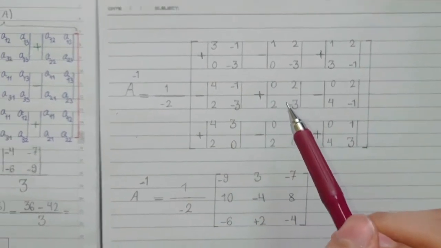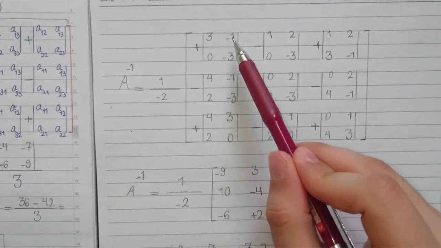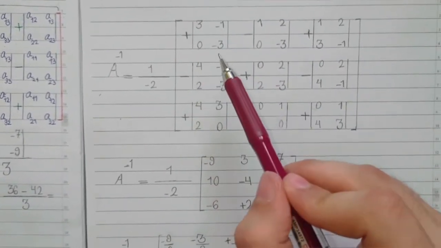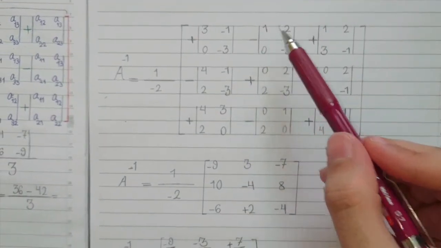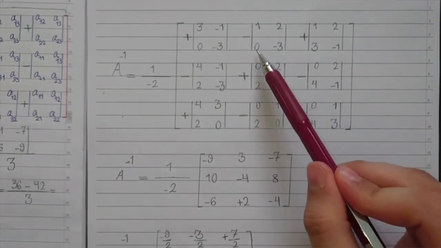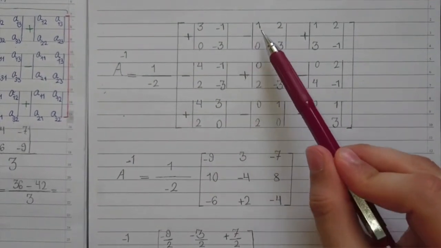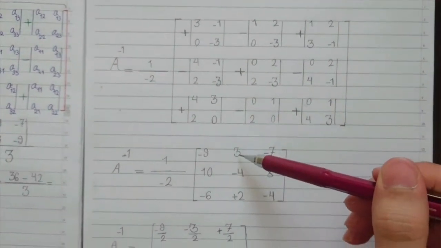Okay? The determinant of this matrix is 3 times negative 3 minus negative 1 times 0, which is negative 9. Okay? And here 1 times negative 3 minus 2 times 0, and we have another negative here, so negative, negative 3, it's going to be 3.